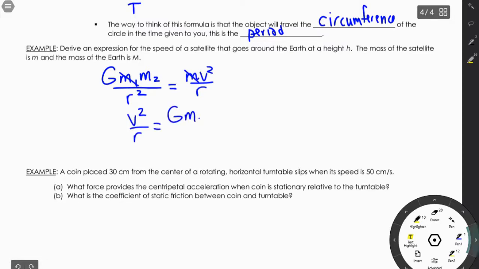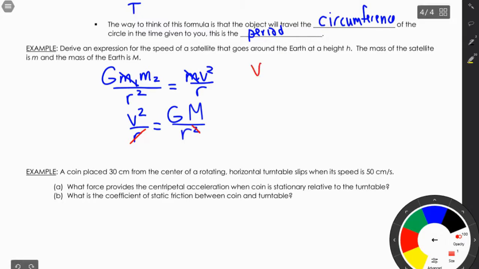We'll just start plugging in the variables they want us to solve for. So G big M over r squared. One r on the left-hand side cancels one of the r's on the right-hand side. Now if I simplify, I get v squared equals G M over r. And then the last step, take the square root.